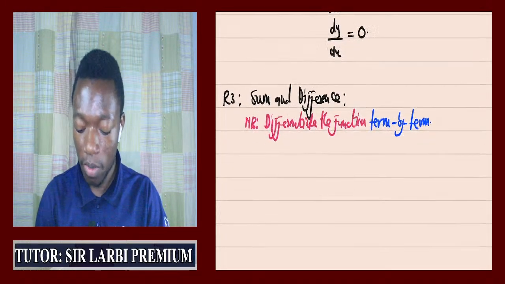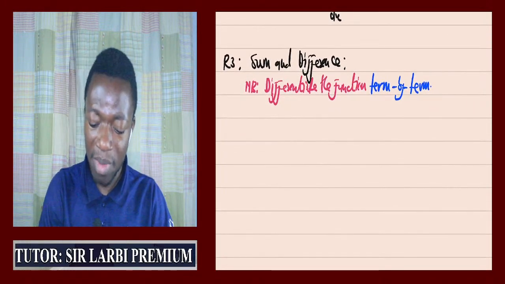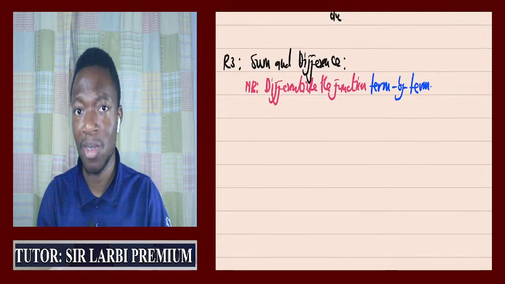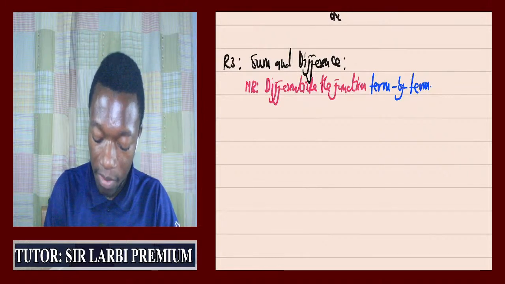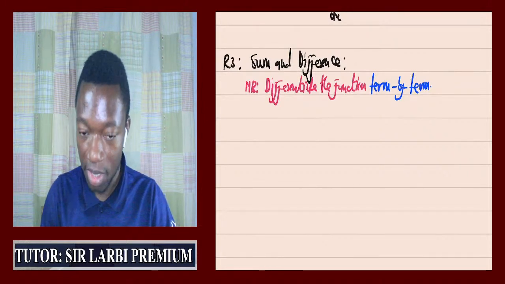So how then do we go? Let's have an example to bring home what we are trying to talk about. Let's say we are asked to differentiate the following functions.